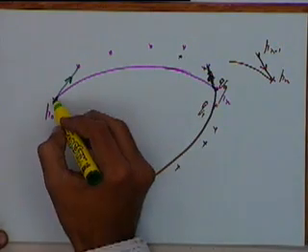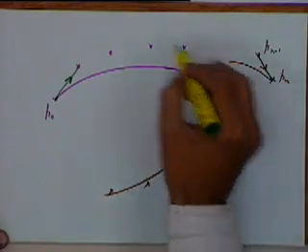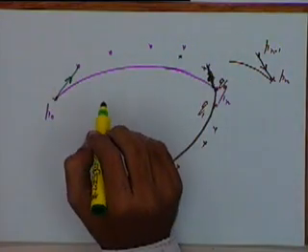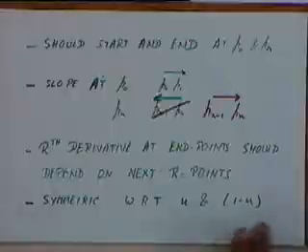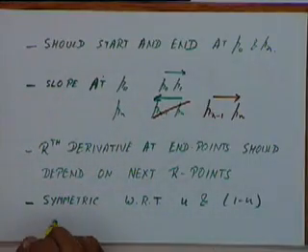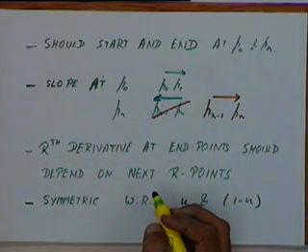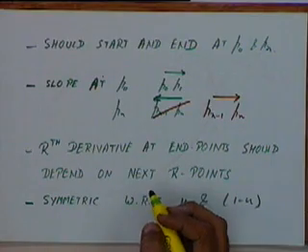Whether I give this as the first point and this as the last point or the other way around, my curve should not get changed. This is another property that we need from these curves, and all these properties are purely from the point of view of easy manipulation, easy definition and so on.